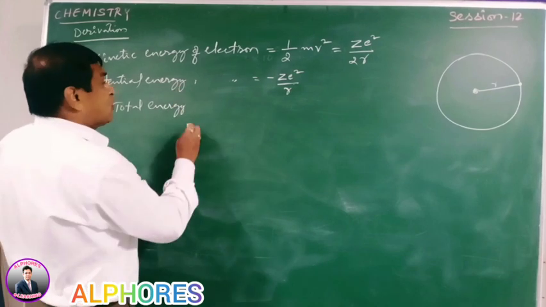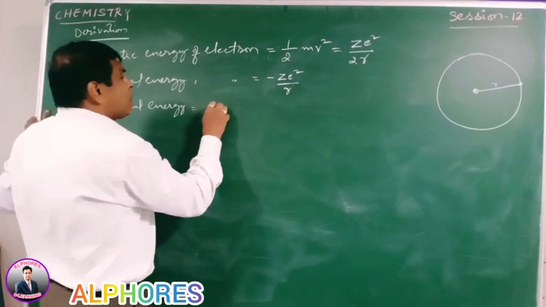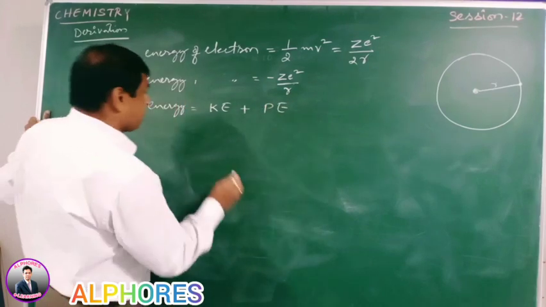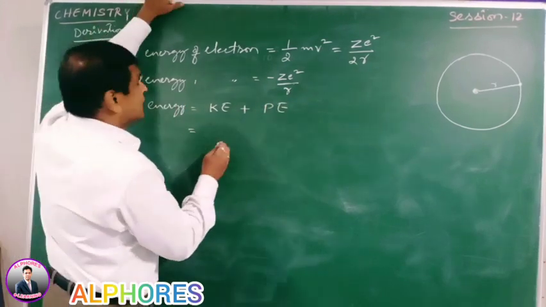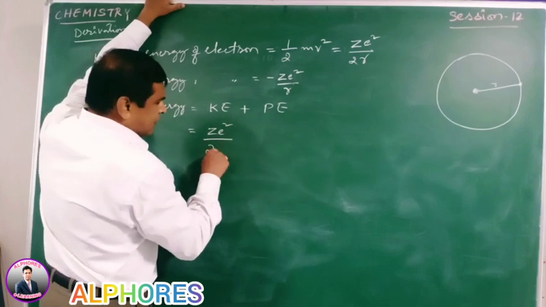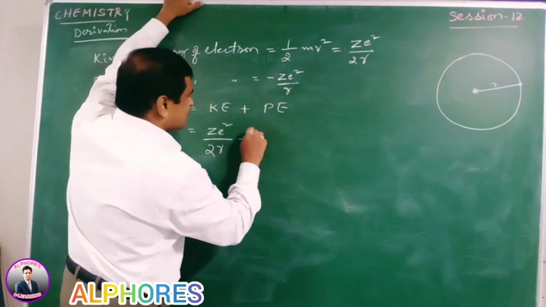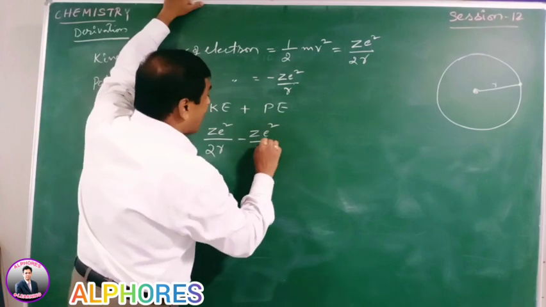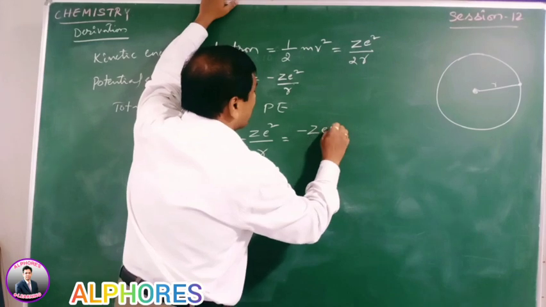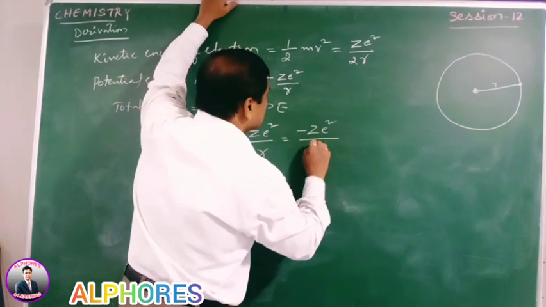Total energy of the electron equals the sum of the kinetic energy and potential energy, that is ze square by 2r minus ze square by r, which equals minus ze square by 2r.